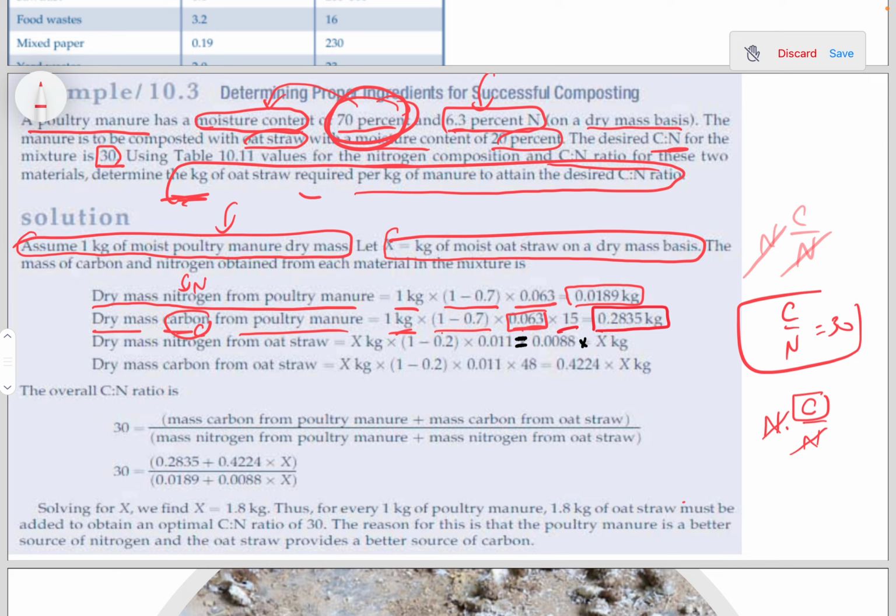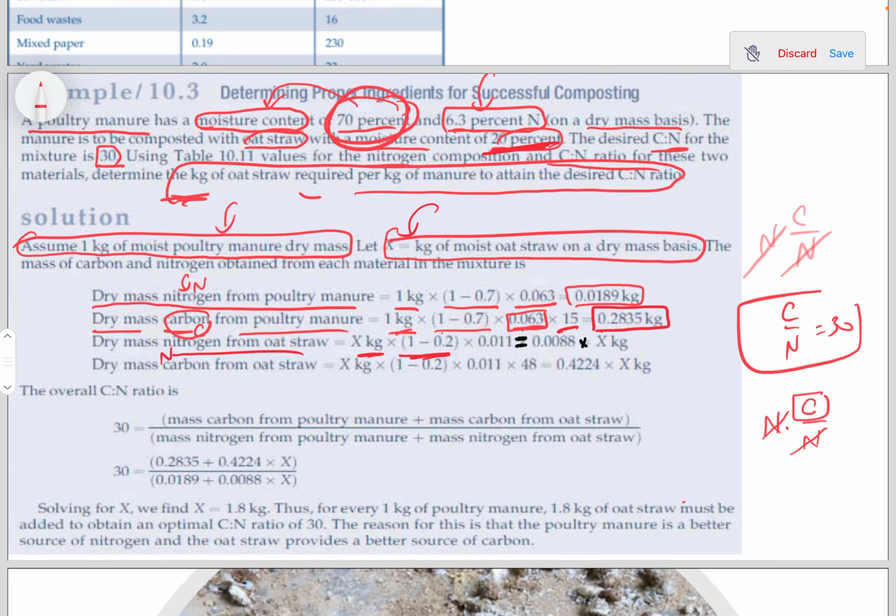Next, we'll do the dry mass nitrogen from oat straw. It's X kilogram, because I'm assuming X for oat straw, times the dry fraction. It said the moisture content of oat straw is 20%, so 1 minus 0.2, times the nitrogen.